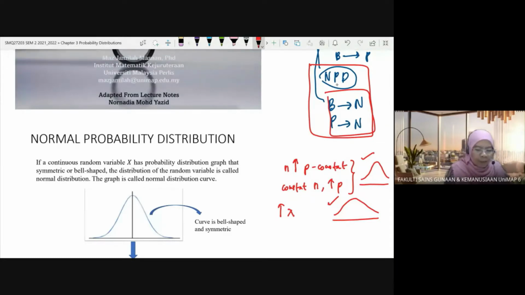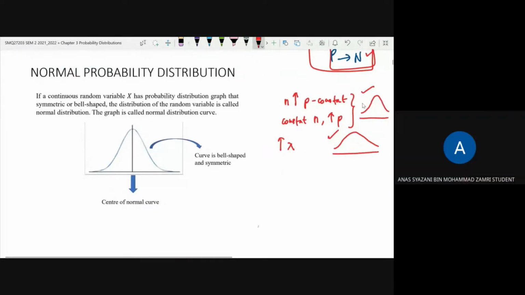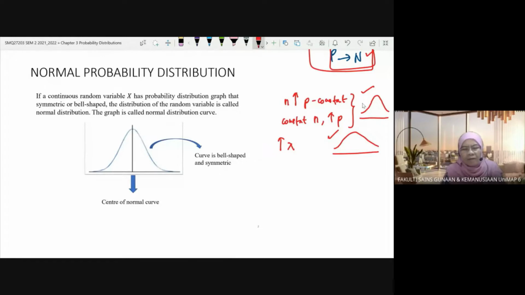Before we can do this, we need to understand normal probability distribution. In today's lecture, I will simplify everything and just touch on the surface of what normal probability distribution is all about and how we can solve them.